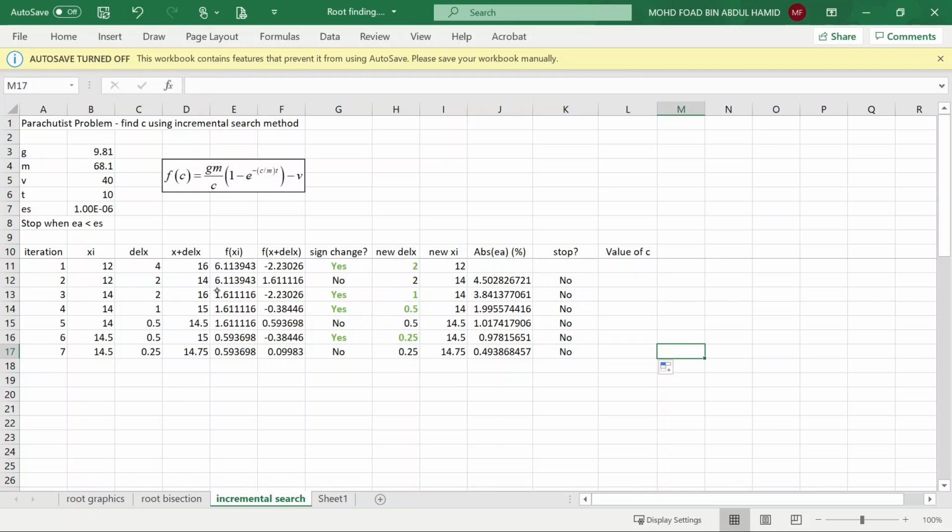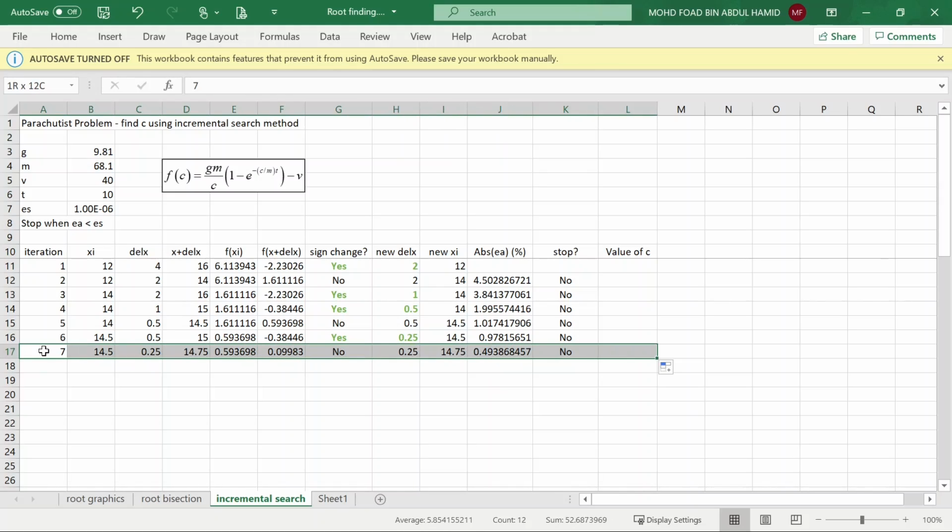After 7 iterations, our error is still 0.49. So do we need to stop? No. So we need to continue again until we hit the stop indication.